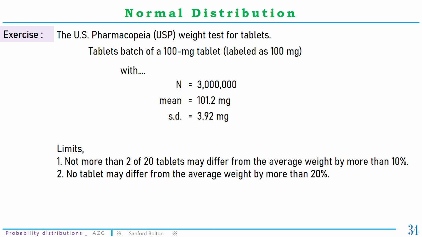Limits prescribed in the Pharmacopoeia are: not more than 2 of 20 tablets may differ from the average weight by more than 10%. No tablet may differ from the average weight by more than 20%. We are going to test these limits for the tablet batch given in this exercise.